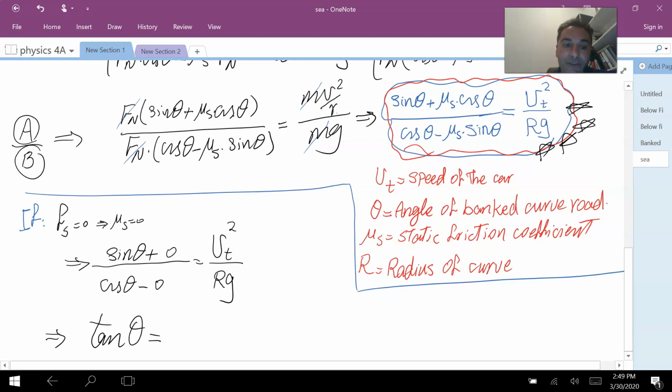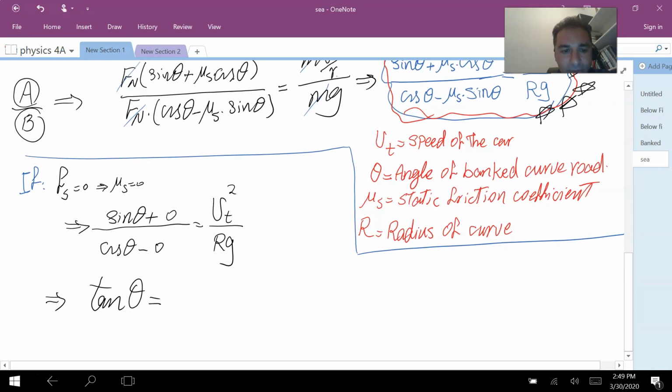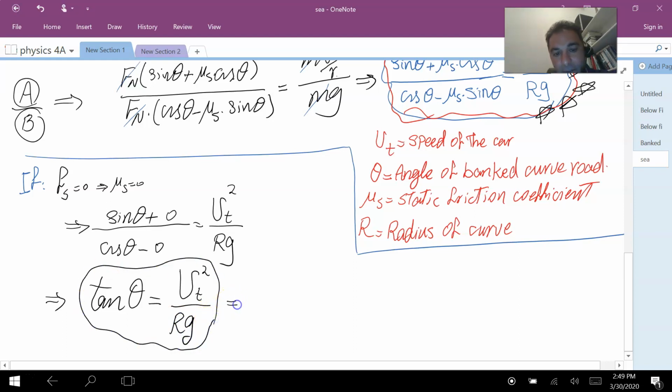What if there is no friction, like on a frictionless air track, which was in lab number 2? So tangent theta becomes Vt squared divided by Rg. And theta will be tangent inverse of V squared divided by Rg.